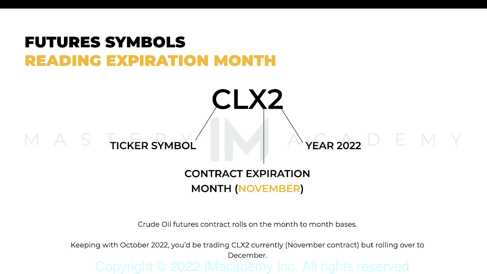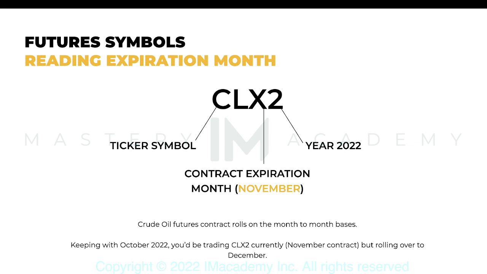The last number doesn't change because we still have the same year, 2022, so we stay with 2. Let's say we are in October 2022, you'd be trading CLX2 currently, which is the November futures contract for crude oil, and rolling over to December when that time approaches.